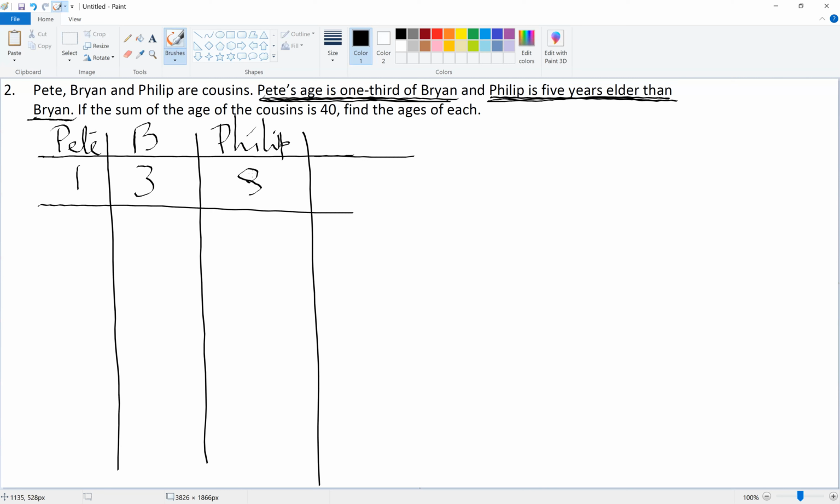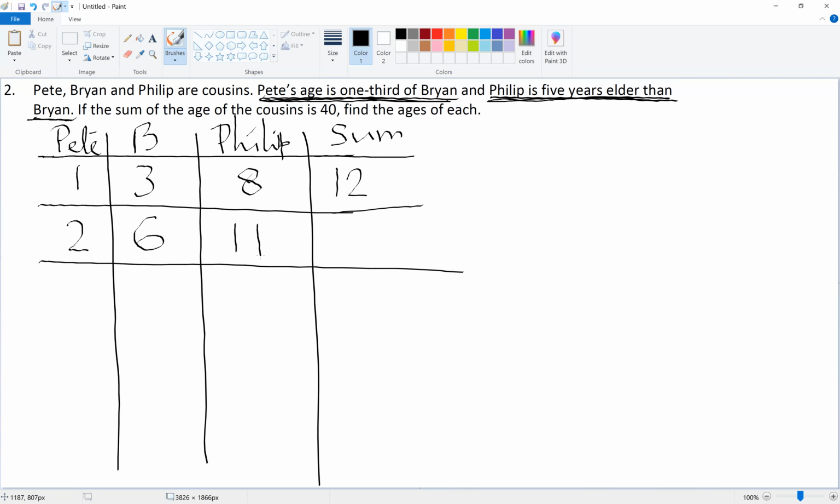So what would be their sum? 12. So obviously that's too low. Let's take the next multiple of 3. So now this should be 2 and 6 plus 5, which is 11. So 6 plus 2 is 8, and 8 plus 11 is 19.